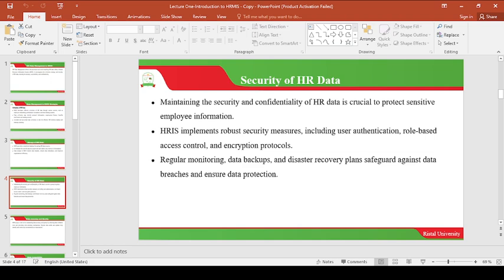The next strategy is security of the HR data. You have collected the data, you have stored the data. Now it's the security of the data. How safe is it? Maintaining the security and confidentiality of HR data is crucial to protect sensitive employee information. This is all about employee privacy. Like I've told you from the beginning, every employee has highly sensitive or confidential information to be protected.